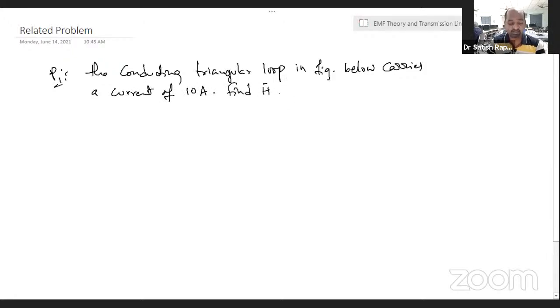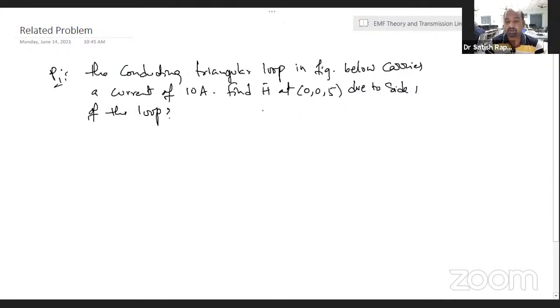Find the magnetic field at (0, 0, 5) due to side 1 of the loop, right?